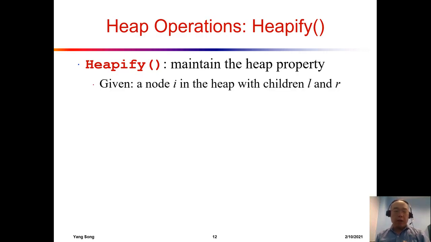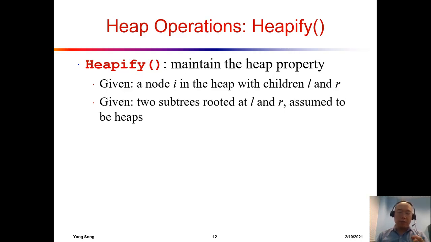Okay, so Heapify assumes that we are given a node, which is the index i in the array, and that for the index i, it has two children, the left and the right. And for the left and the right children, we assume they are also subheaps.